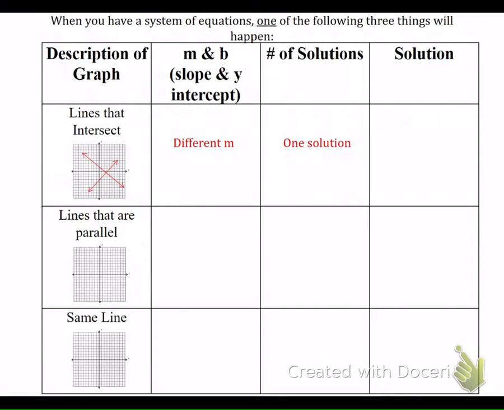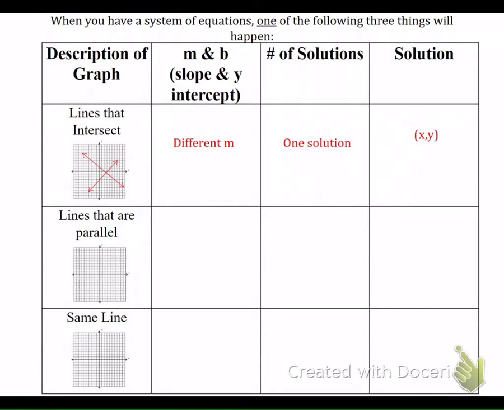There is one solution. My answer is an xy value. So when the lines cross, the slopes can't be the same. If they're the same, we'd either have parallel or the same line. So different slopes, one solution. The solution is the xy point where they cross. And you don't have to draw the graphs exactly. Just sort of sketch that 2 lines are crossing.